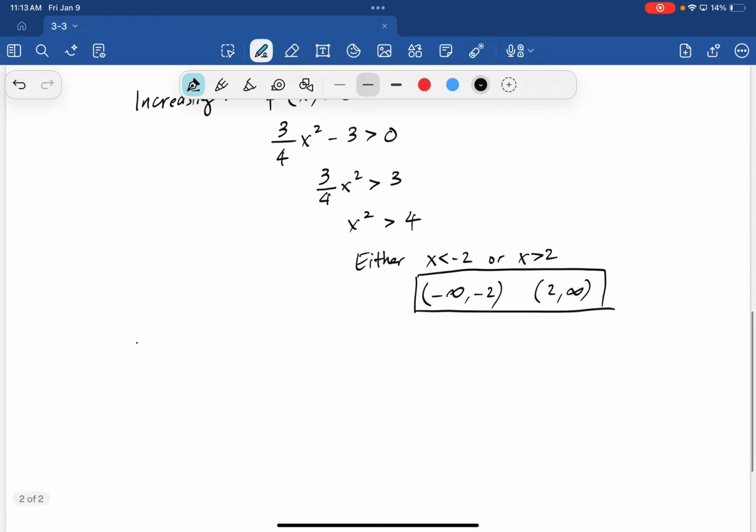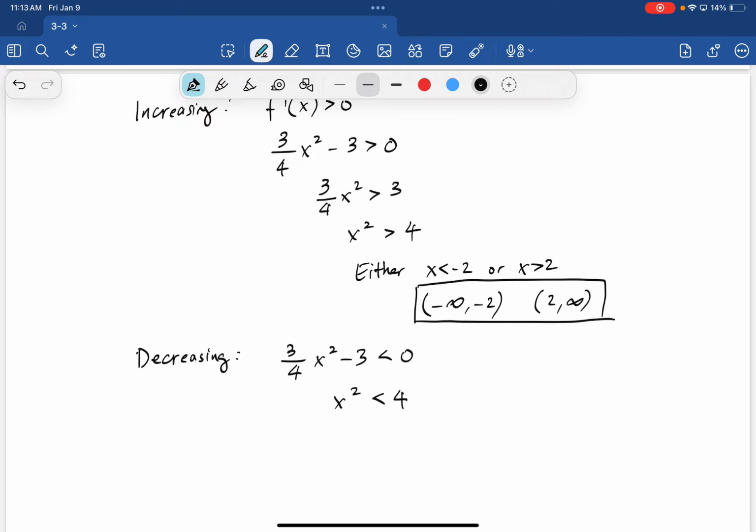And then let's look at where it's decreasing. That's going to be wherever the derivative is less than 0, which means that x squared has to be less than 4 when it's decreasing. And so that only happens when x is between -2 and +2. So we're going to have the interval -2 to +2.